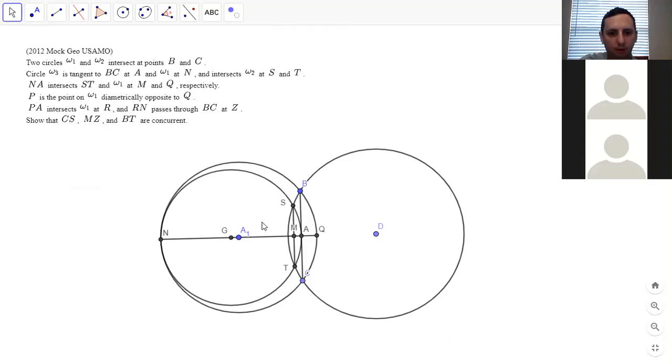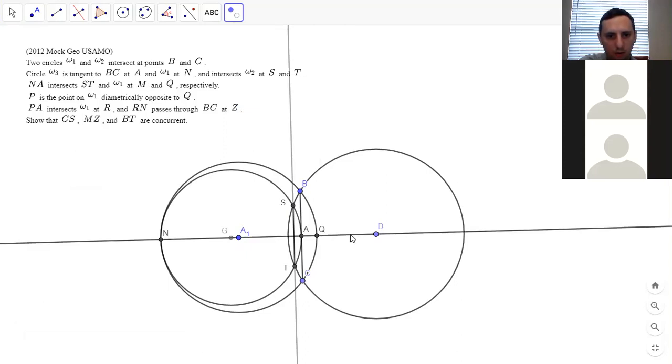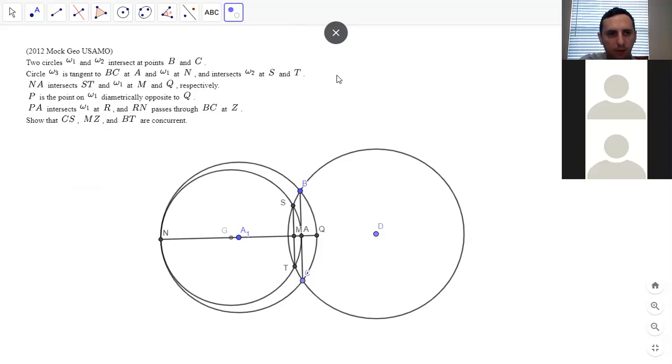Yeah, I need to draw this differently. Actually, that's okay, but I just need to delete a whole bunch of things.